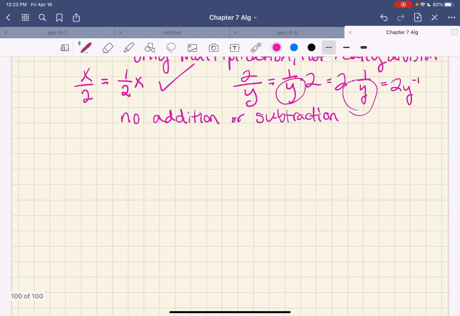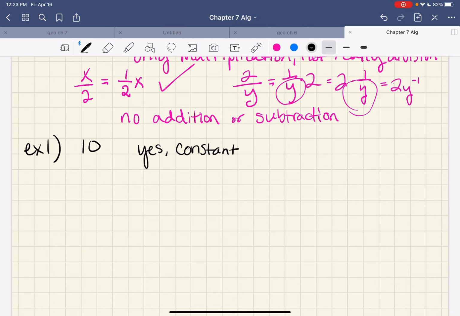Okay, so example 1 is determining if things are monomials. Is this a monomial? Yes. This is also called a constant because it's a number and only a number. If we have f plus 24, is this a monomial?